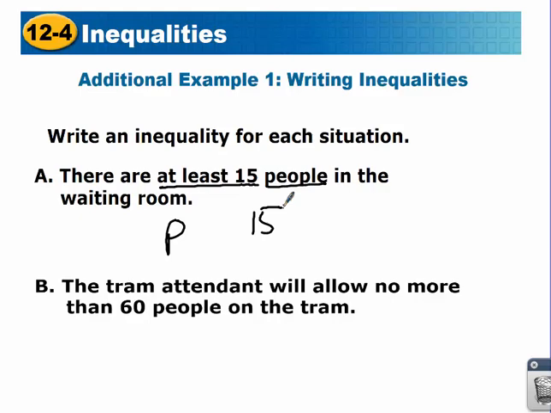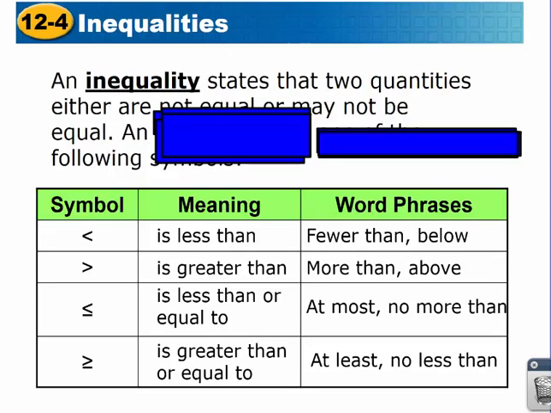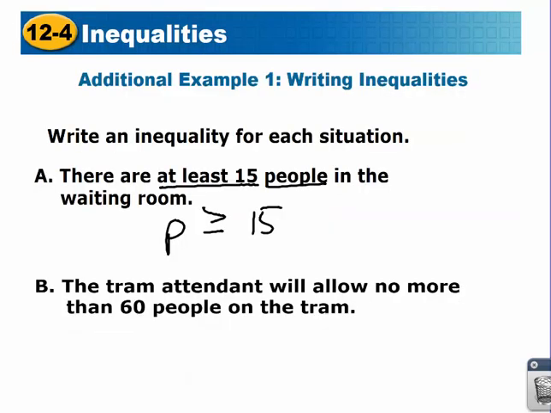Now this one says at least 15. So that means that the number of people in the waiting room are actually either 15 or more. So that means the number of people here is really greater than or equal to 15 because it says at least 15. And if you go back and look at the chart that we just looked at, at least is a greater than or equal to.